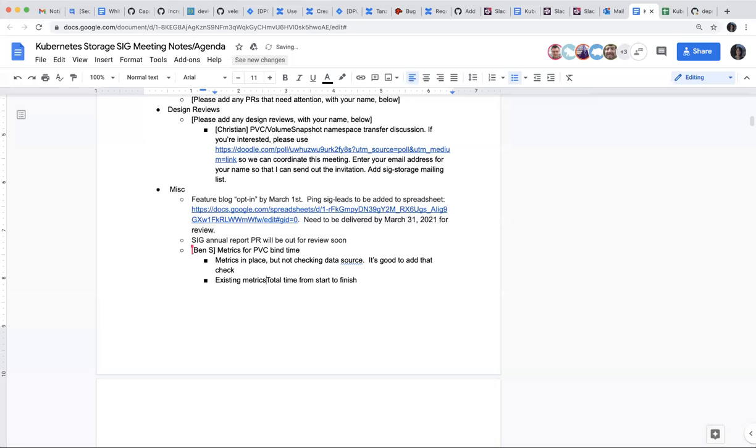But I think the way that we implemented the total time metrics for PV bind isn't the most scalable way. Basically you have to inject all sorts of exit points all over the code for it. I recently learned of this other project called kube-state-metrics, I think.